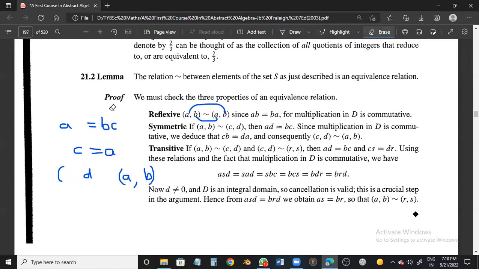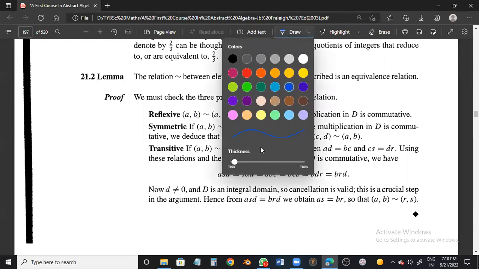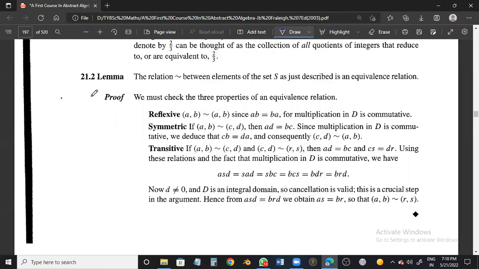I erase this. Okay, I would like to now go with the next. All right, so first we are saying AB equivalent to CD. What does it mean? AD is equal to BC.